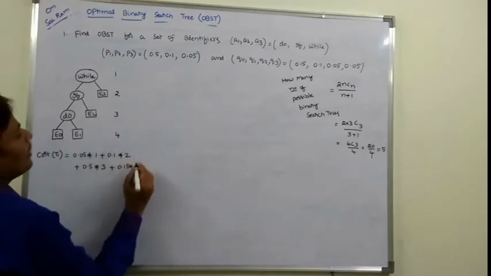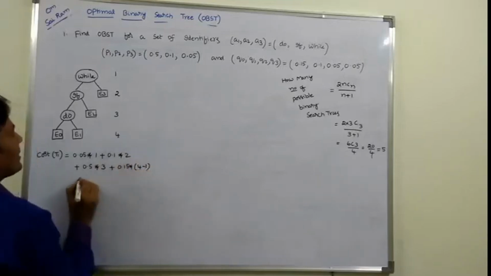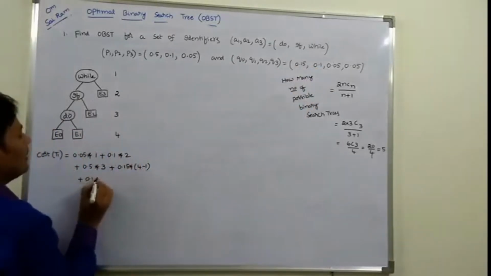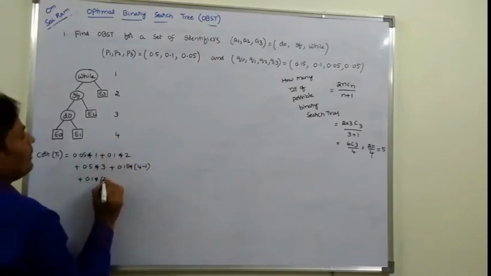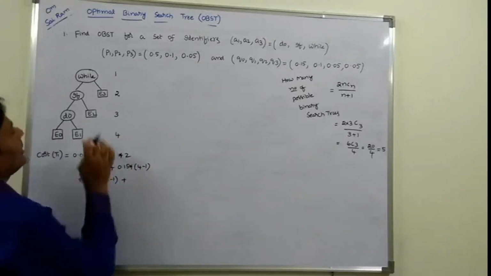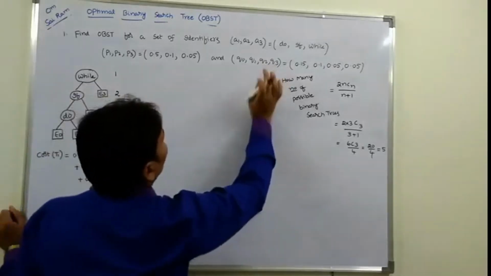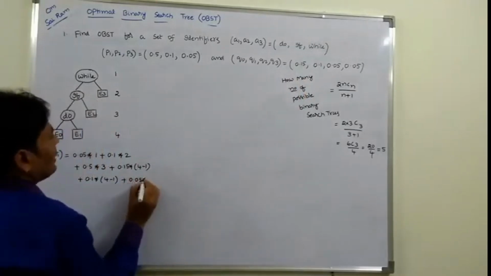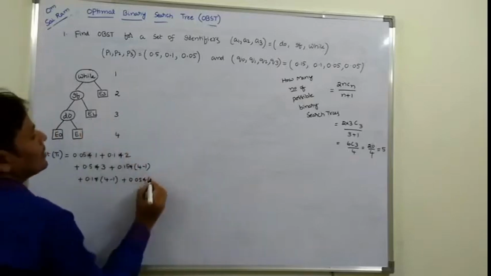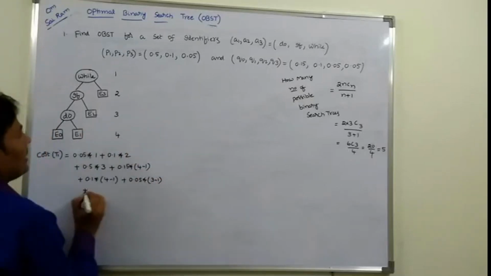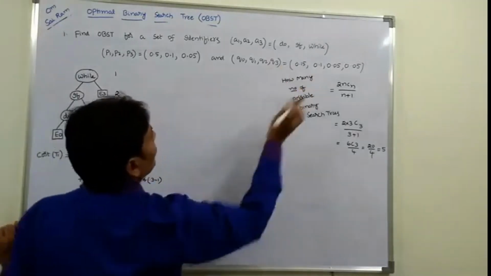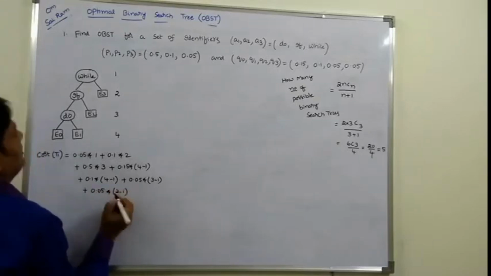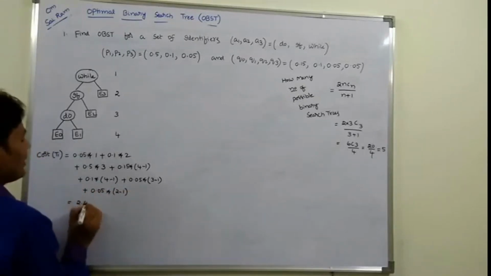E0 is at the 4th level, so 4 minus 1, plus E1 belongs to Q1, its probability is 0.1, at the 4th level, so 4 minus 1, plus E2 belongs to Q2, Q2 probability is 0.05, multiplied with 3 minus 1, as E2 is at the 3rd level, plus E3 belongs to Q3, its probability is 0.05, at level 2, so 2 minus 1. So this value is 2.65.